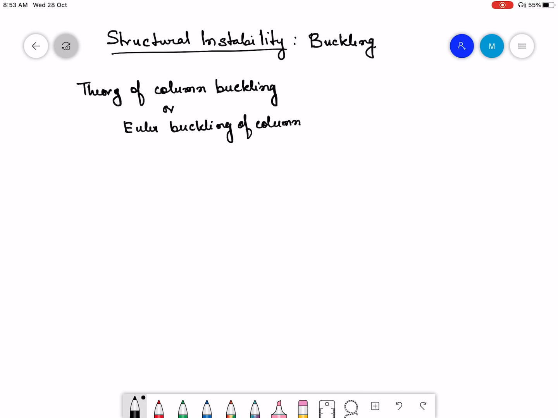It was first proposed by Euler in 1744. Okay, and practically the same theory still exists, and that is the primary theory of analyzing buckling in slender columns. So what does happen?